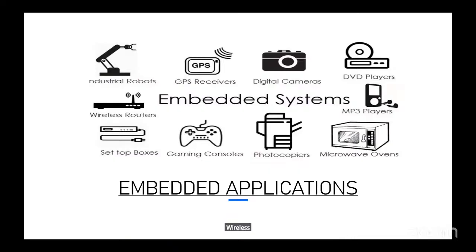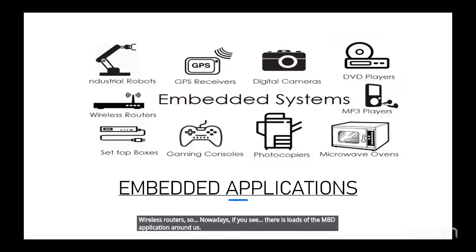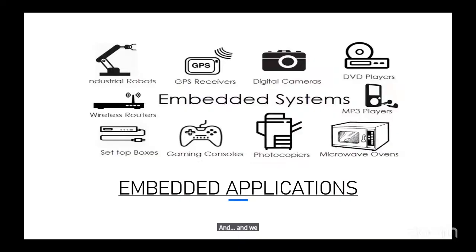Nowadays, if you see, there are lots of embedded applications around us, and we are already using these products, like set-top boxes, gaming consoles, photocopiers, ovens, washing machines, fridges, ACs. All have embedded applications in place.